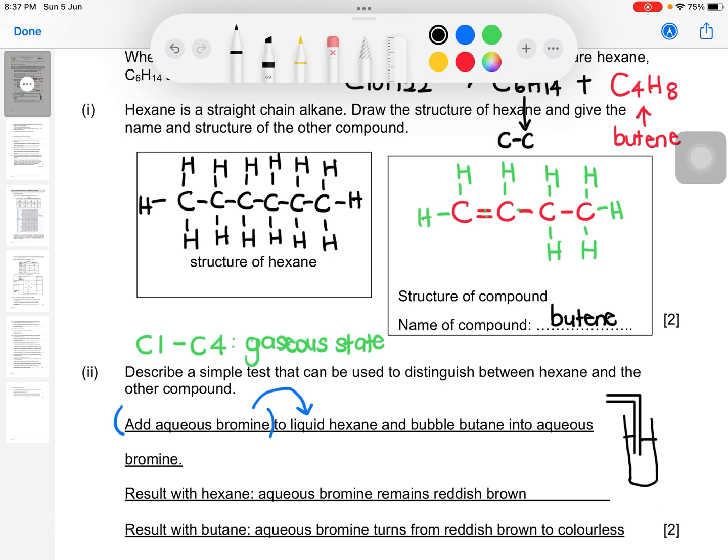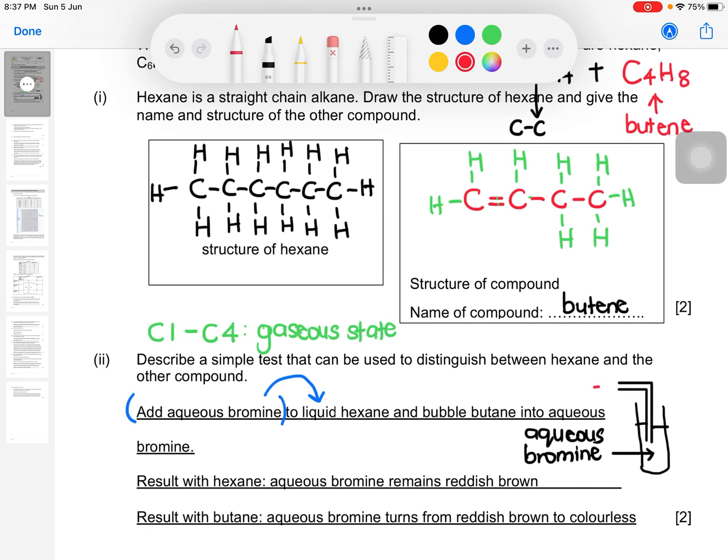Here will be my aqueous bromine. Over here, this will be your butene. So this is the setup.